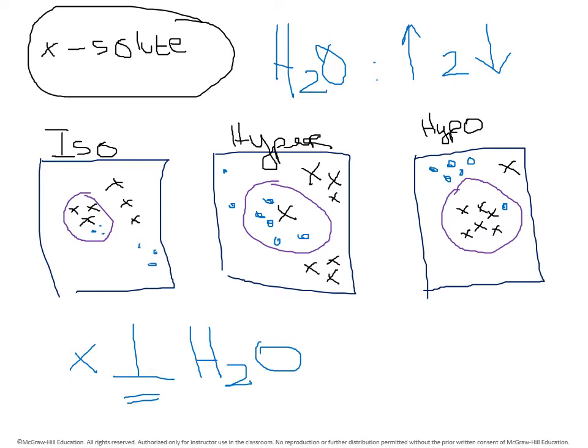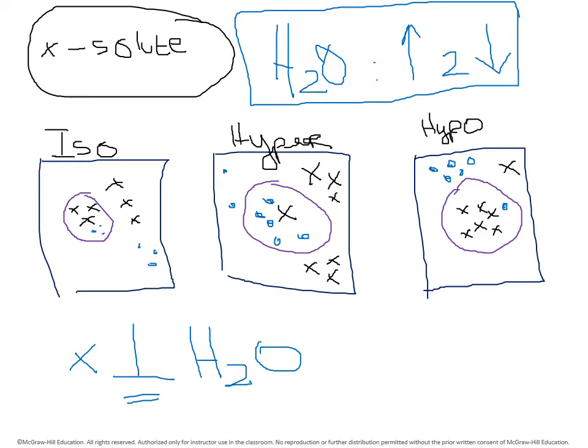Okay, so now we figured out what the water situation is in each of these 3 scenarios, and now we're going to come back to our first little movement thing that we were discussing, which is that water will always go from high to low. So it will do its osmosis and move from a high environment to a low environment.